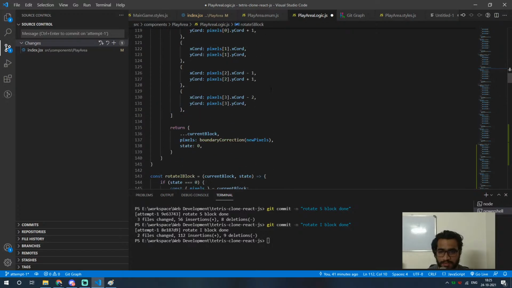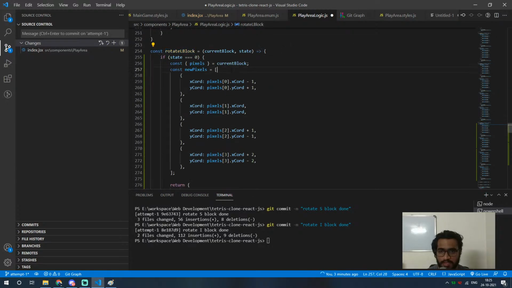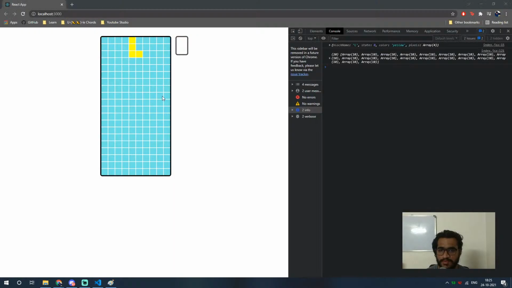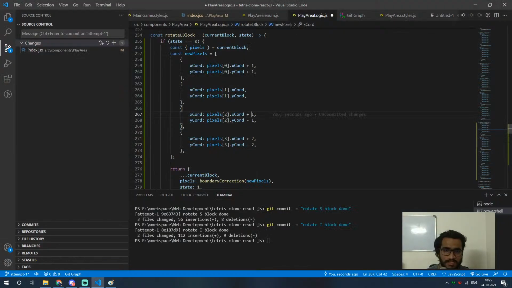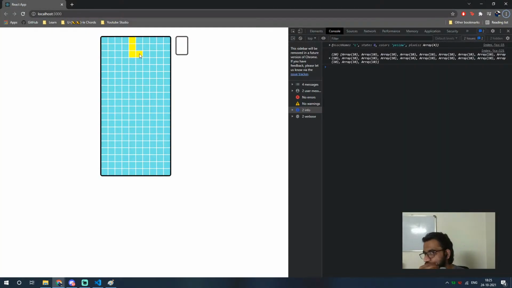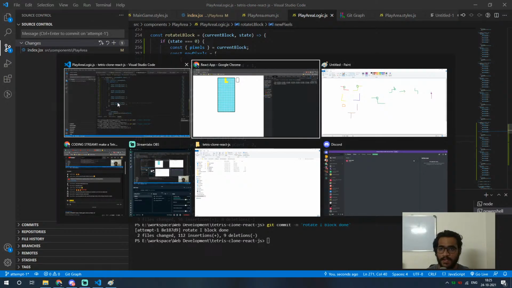Okay, so where is the L block? x would be plus 1, y would be plus 1, then the middle one would remain the same, and the third one would be both minus, and this would be such that minus 2y, x would remain the same.